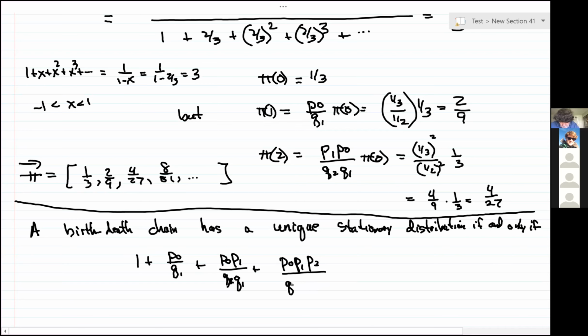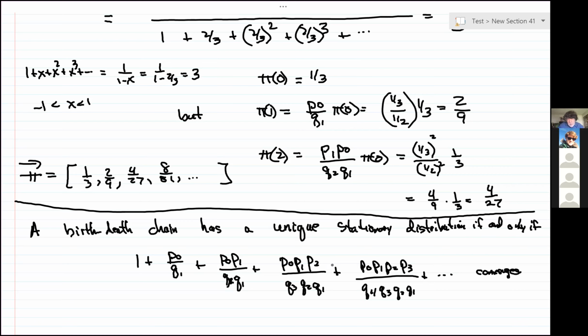They're one off. Okay, so there's a unique stationary distribution for a birth-death chain if and only if this infinite series converges.